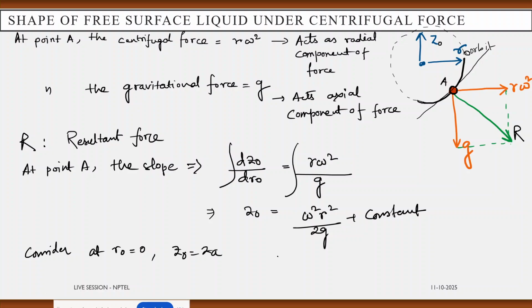So this equation becomes Z naught minus ZA equals omega square r naught square by 2g. So this is what we got when we solved it.